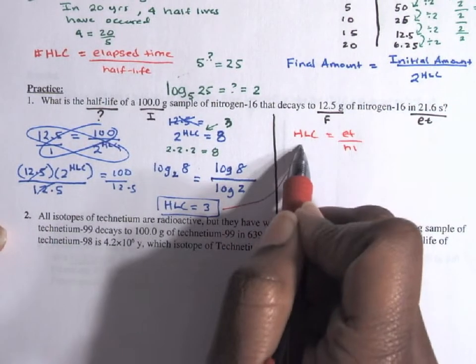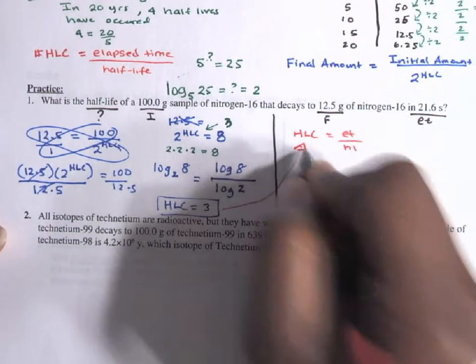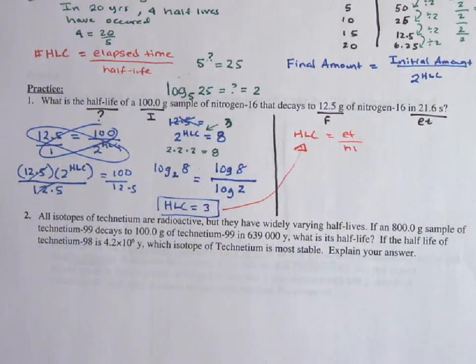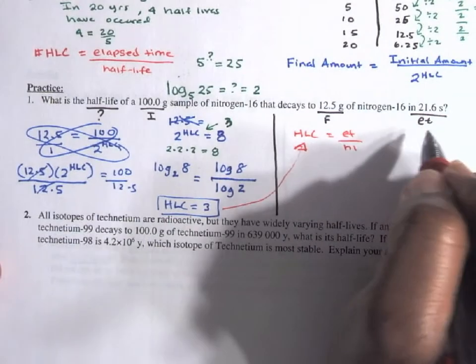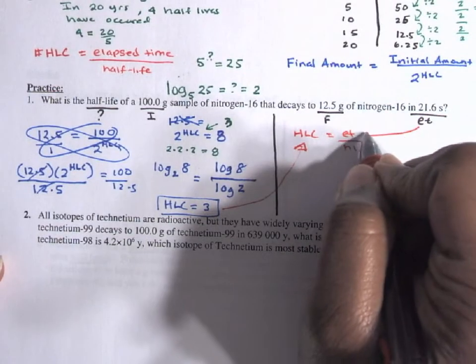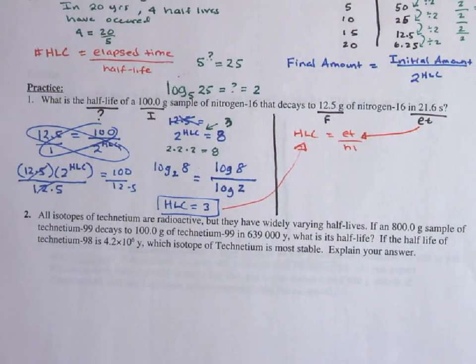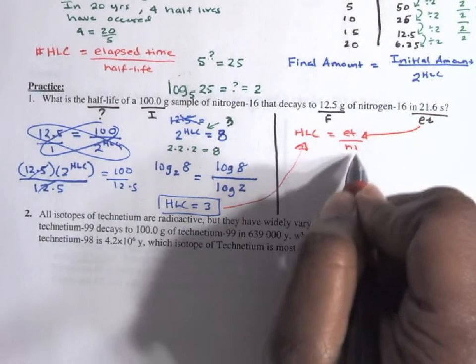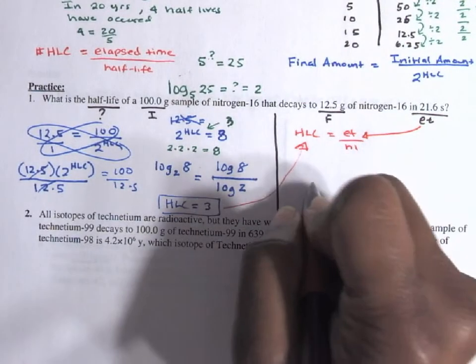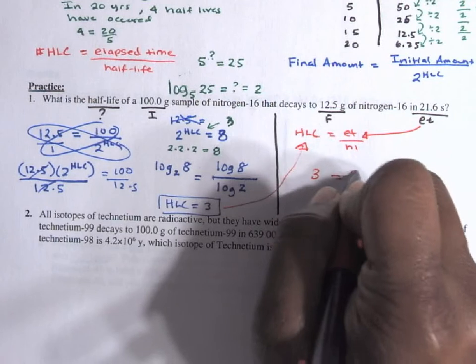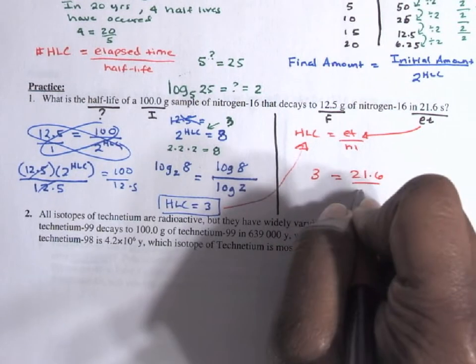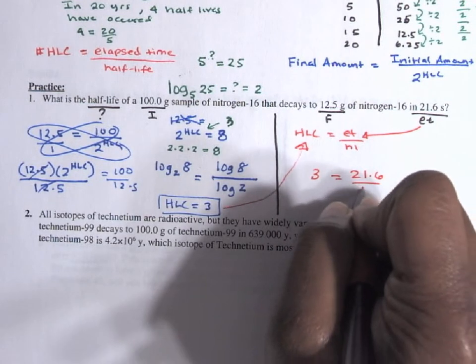I got that from here, so I can plug that in there. The elapsed time is 21.6. That goes here, and I'm looking for the half-life. So let's go ahead and plug that in. We get 3 is equal to 21.6 over the half-life.